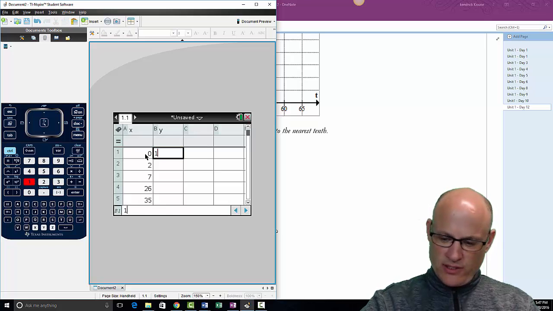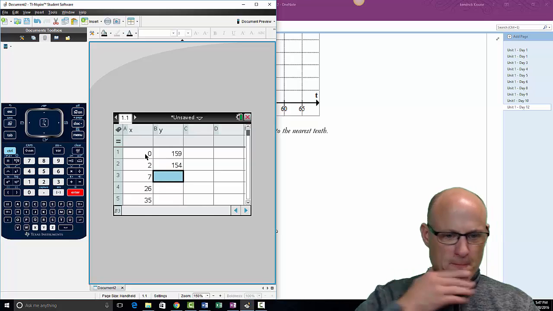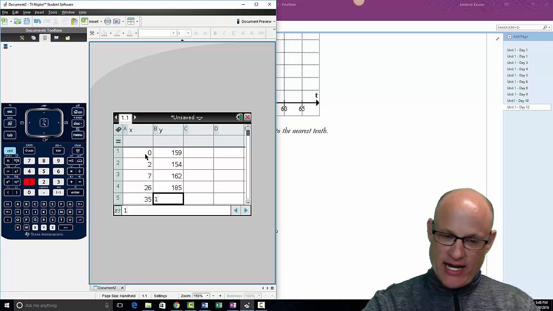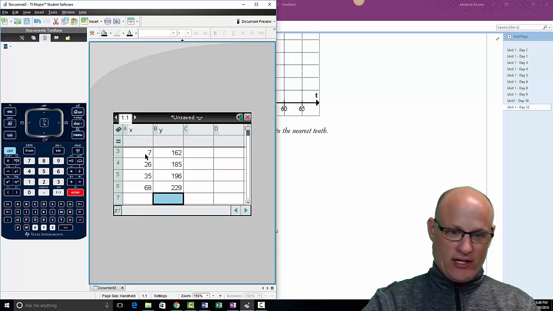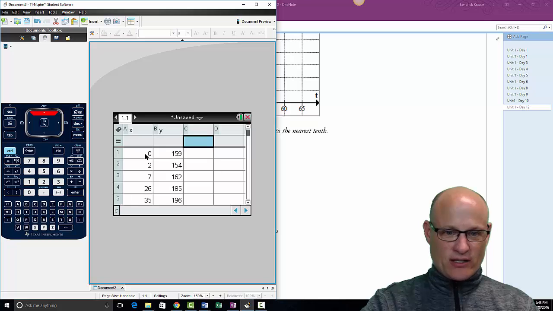And then 159, 154, 162, 185. Common mistakes are not putting the y equals and entering the data incorrectly. So you always want to double check, triple check to make sure you've entered the data correctly.